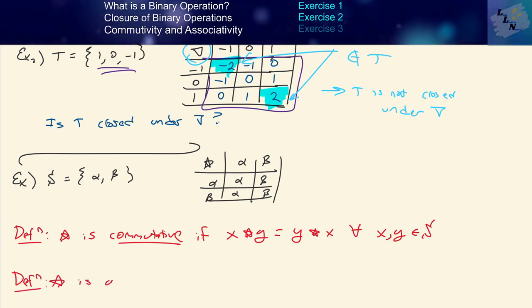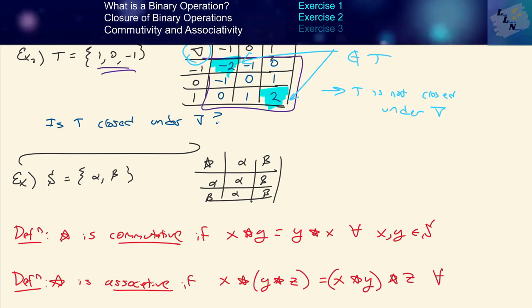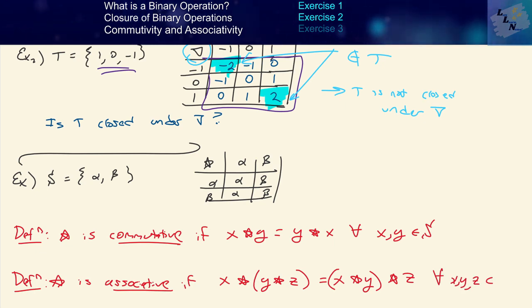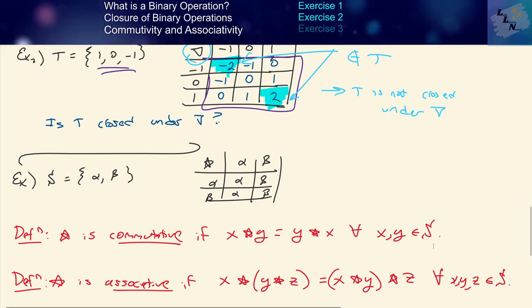So we say star is associative if (x star y) star z is equal to x star (y star z) for all triples x, y, z in S.